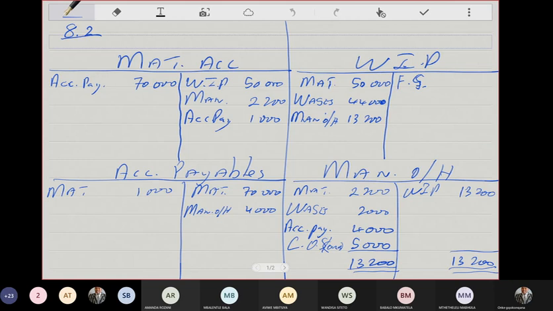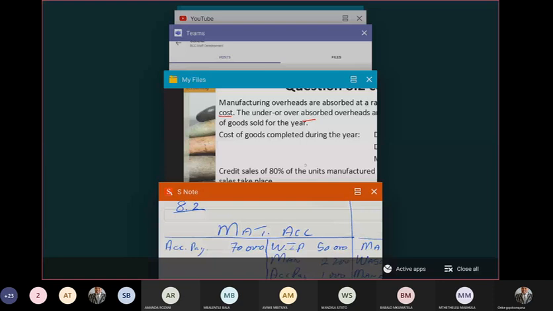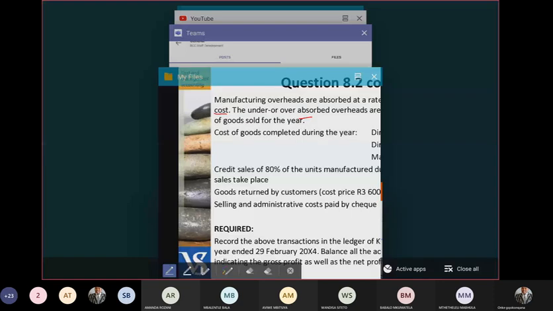Our manufacturing overheads, guys. Anyone who can assist us? This is the figure that we're looking for, the manufacturing overheads.